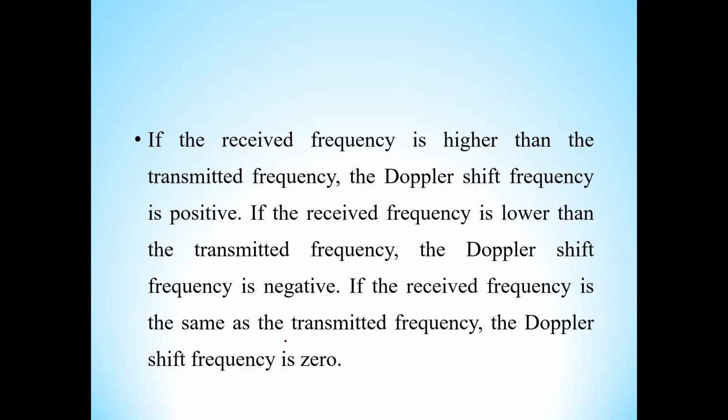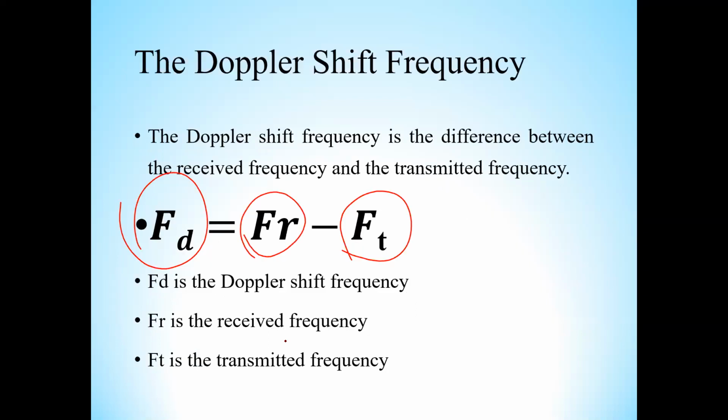If the received frequency is higher than the transmitted frequency, meaning if Fr is greater than Ft, the Doppler shift frequency will be positive. Here you can see if Fr is 4 and Ft is 3, then Fd will be 1, and that will be positive 1.